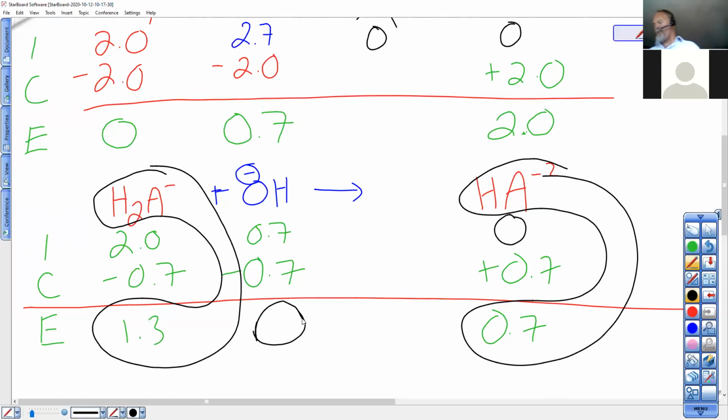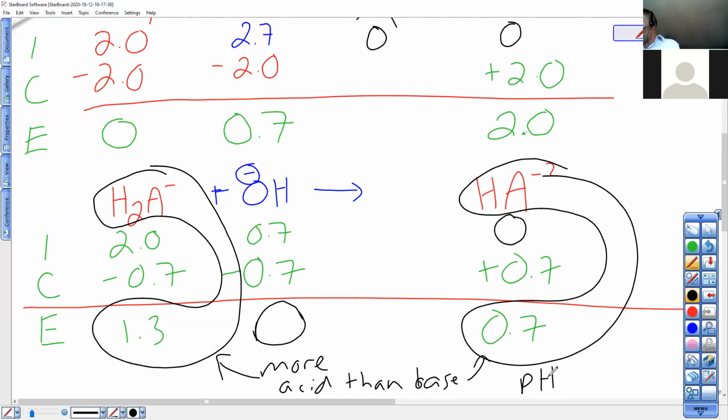I have a mixture of this acid and its conjugate base. I have more acid than base. More acid than base. Just look at the numbers. pH will be equal to the pKa for this acid.